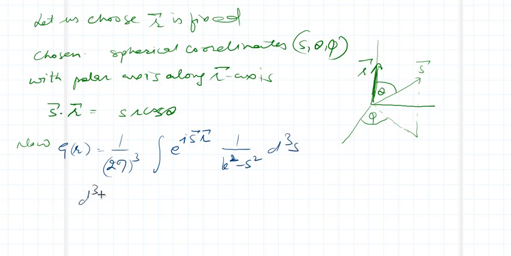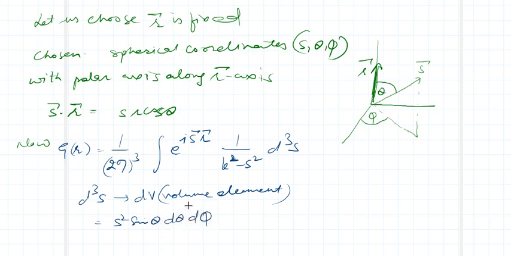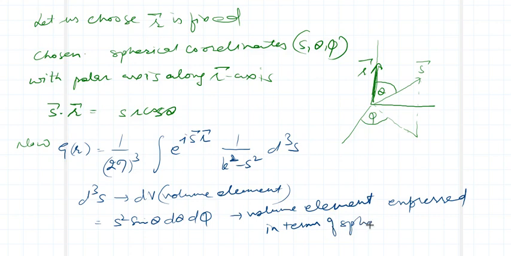What is this d cube s? d cube s is basically the volume element, and it is equal to s square sine theta ds d theta d phi, the volume element expressed in terms of spherical polar coordinates.